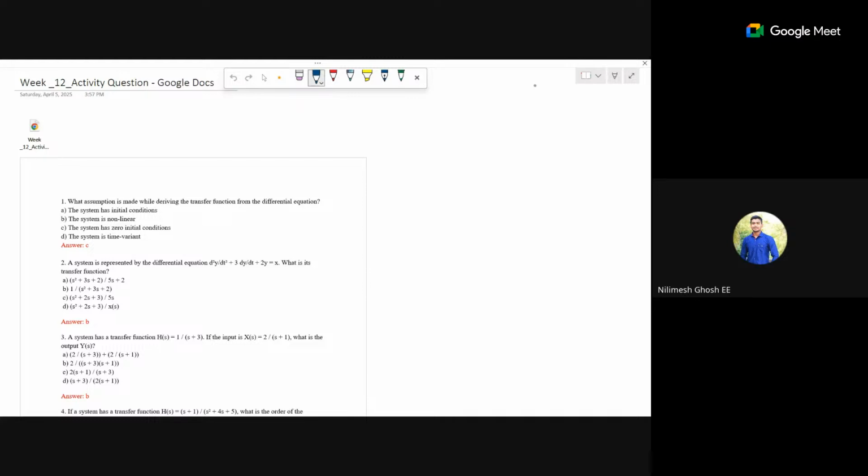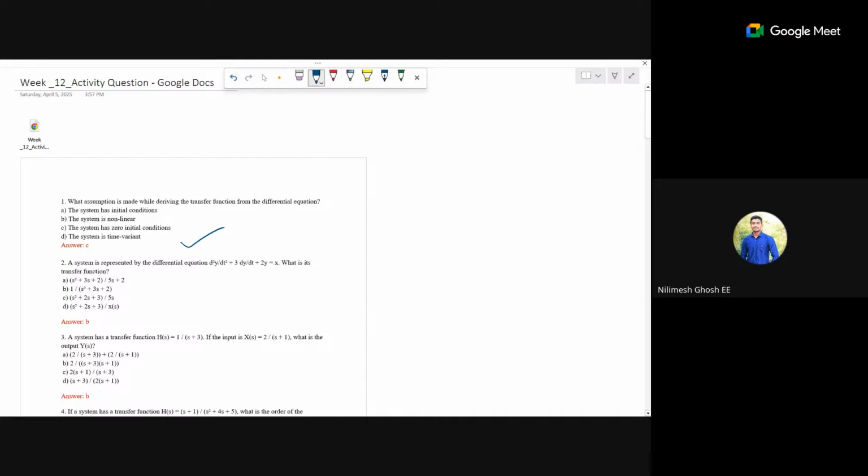A resistor cannot store any energy, so we are not bothering about resistance. Inductors and capacitors are the storing elements, so we assume the energy stored in these elements at the start of the analysis is zero. That is the physical meaning of zero initial condition.